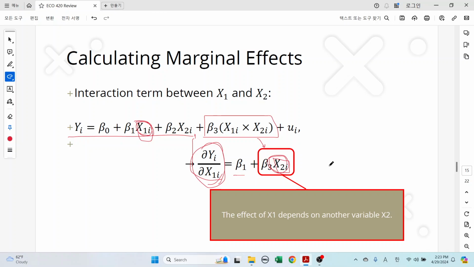So the effect of your college education will change over your life. As you become more experienced in your career, your college education may be realized more, like many years later, something like that. Okay. Anyhow, if I give you the estimates of beta 1 and beta 3, you should be able to calculate the marginal effect.